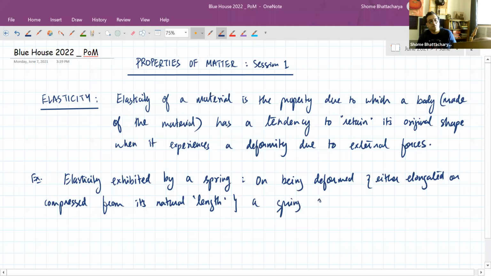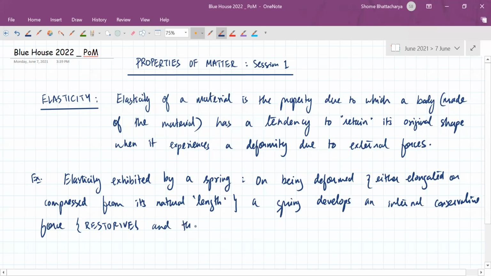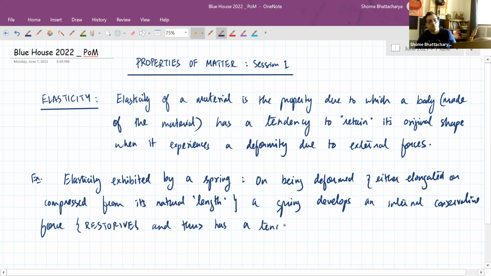A spring develops an internal conservative force, which is restorative in nature, and thus has a tendency to retain its shape.